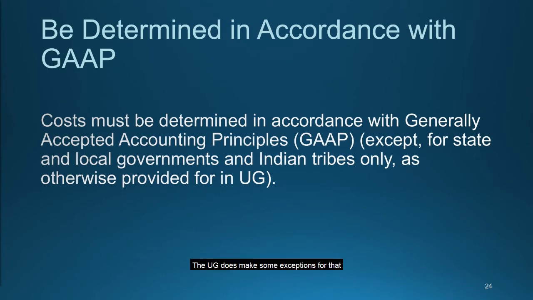The UG does make some exceptions for state and local governments and Indian tribes, as the slide says there. We won't go into those today, but that's specifically noted in connection with this criterion. By and large, things need to align with GAAP, and that's a question to pull your accountants into if you have questions about that.